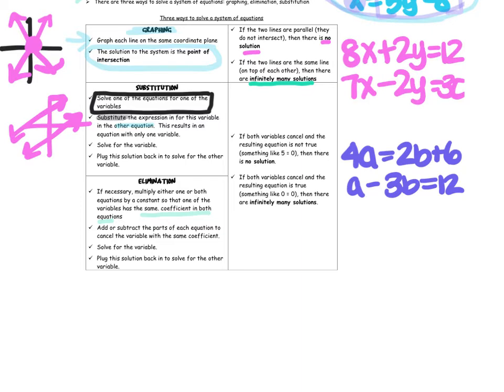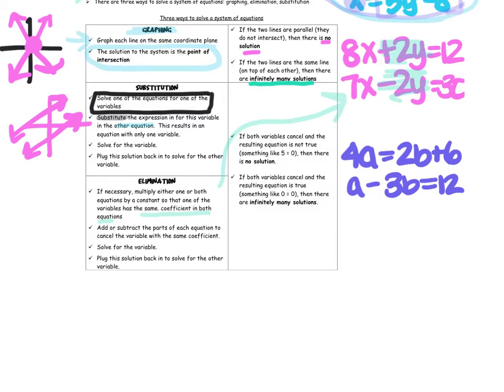So in this example that I had listed earlier, notice in the first equation we have 2y, in the second equation we have negative 2y. Those are the coefficients on the variable, the number in front of the variable.